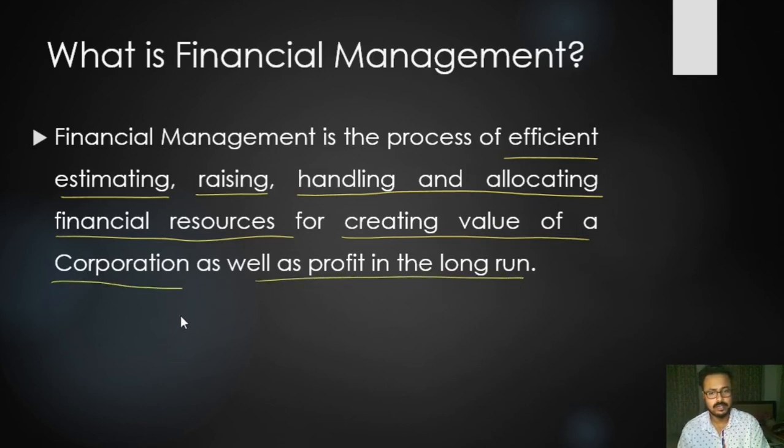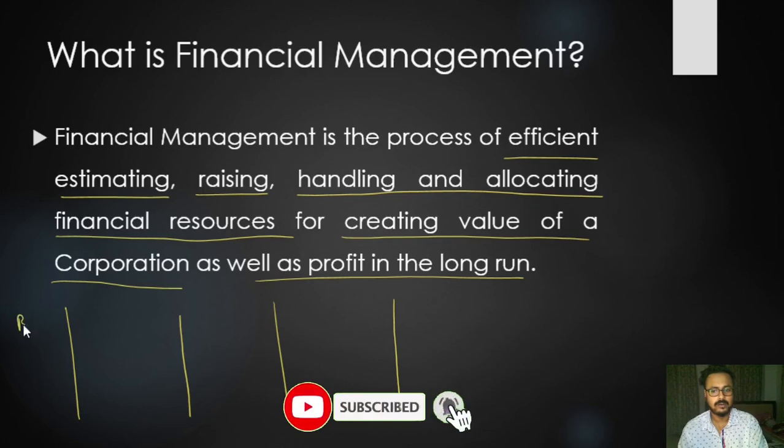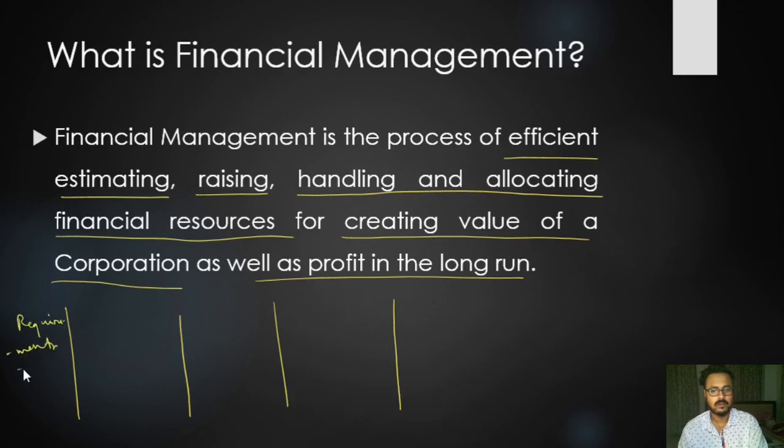So here there are 4 dimensions to financial management in the company. The first one is requirements. The second one is raising money based on the requirements. Suppose the requirements suggest that our business needs 50 lakhs.